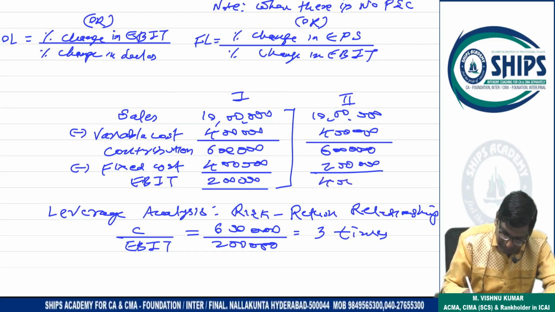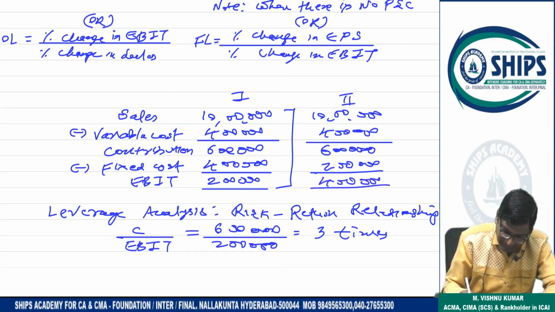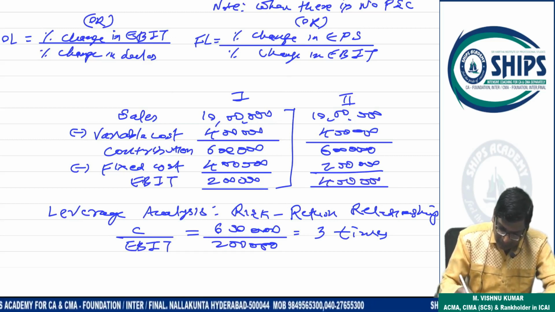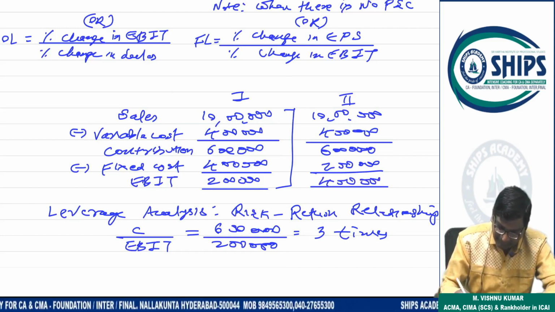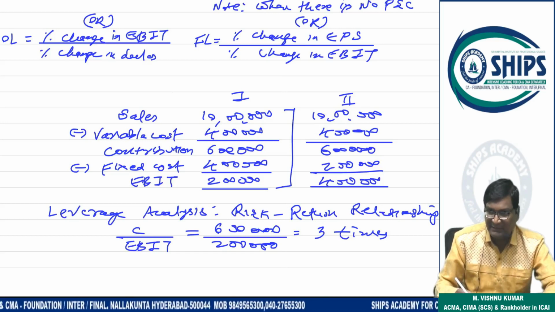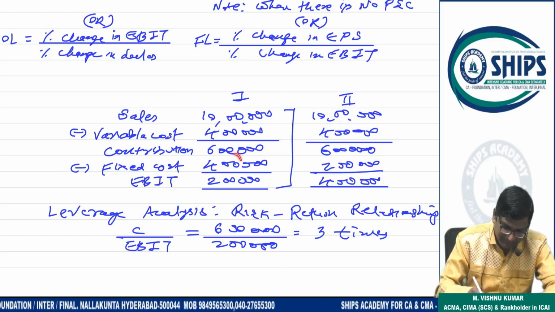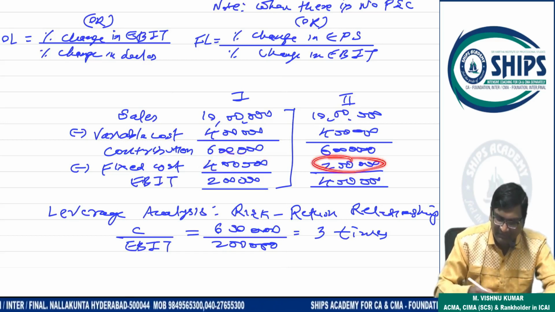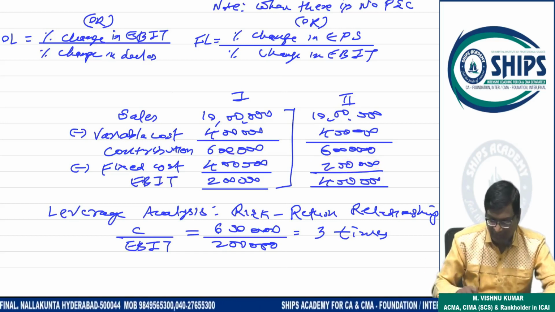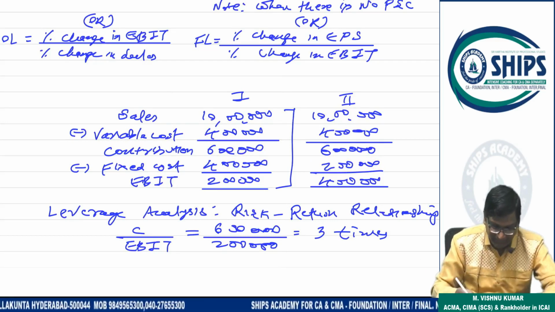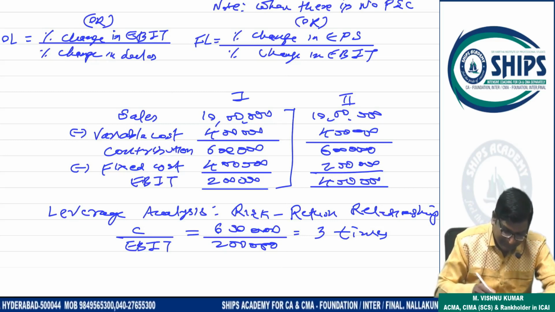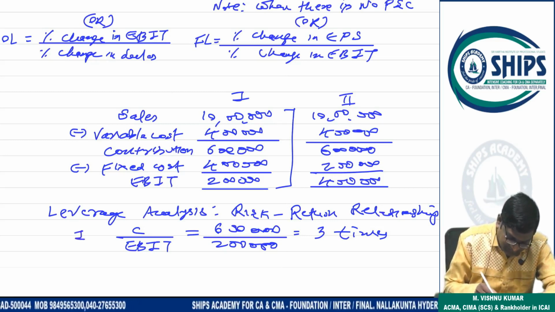Now EBIT how much? 4 lakhs. Now your business risk increase, decrease? Decrease. Previously fixed cost how much? Now how much? Decrease हो गया ना, तो leverage भी कम आता.